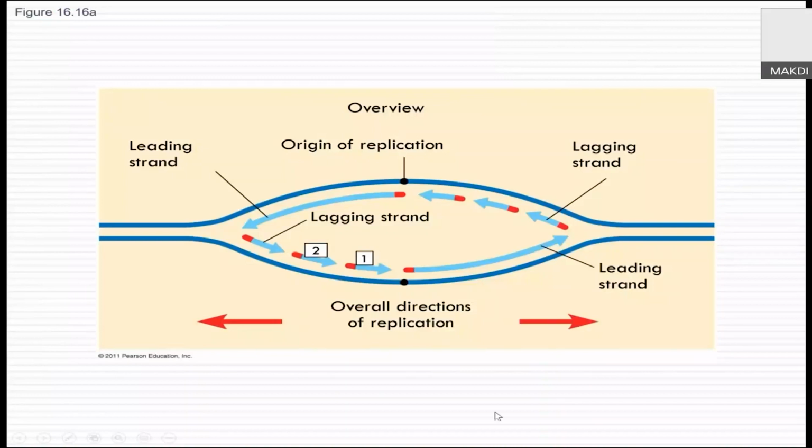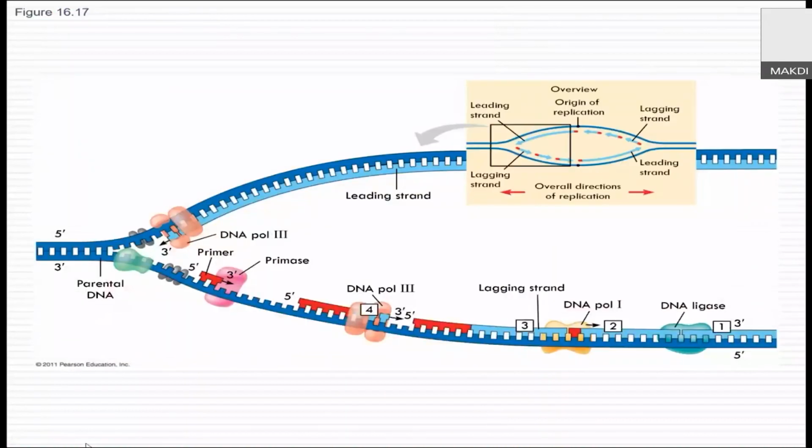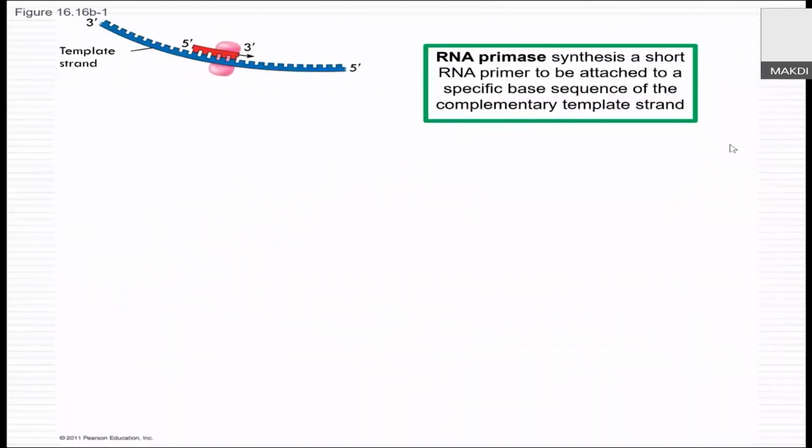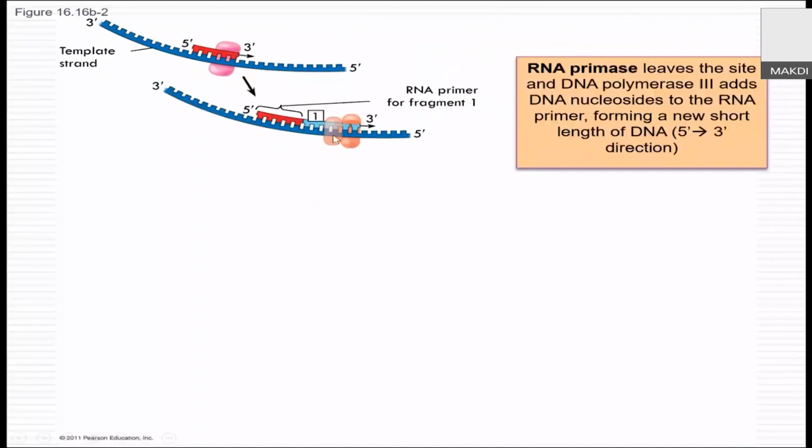Okay, so far okay. This one, if you don't like video, you can use this one. Okay, kalau the leading strand, they're straightforward. But for the lagging strand, RNA primers are synthesized at different locations.